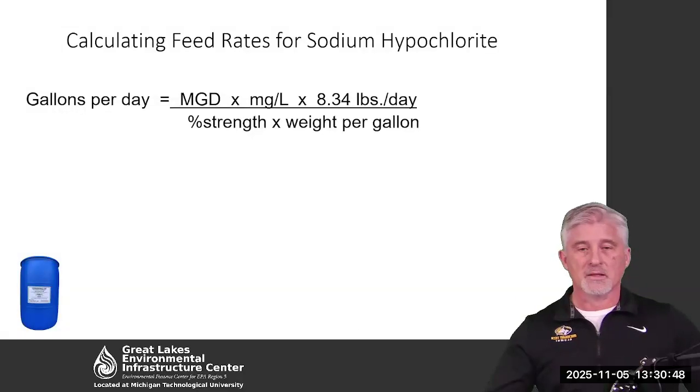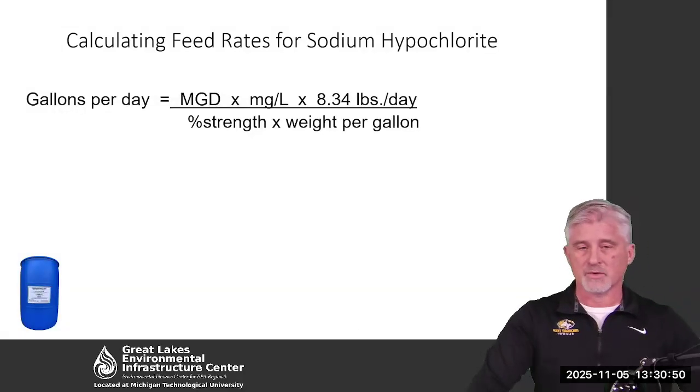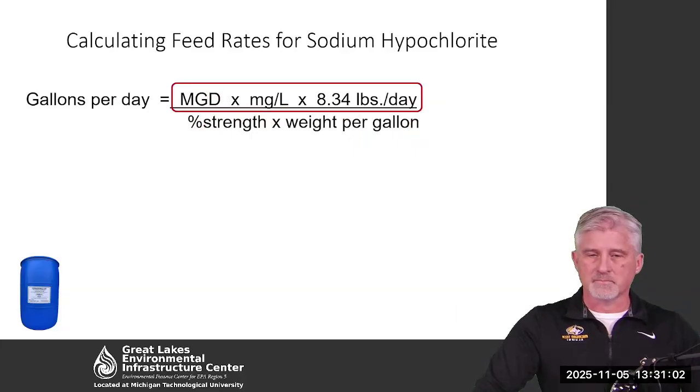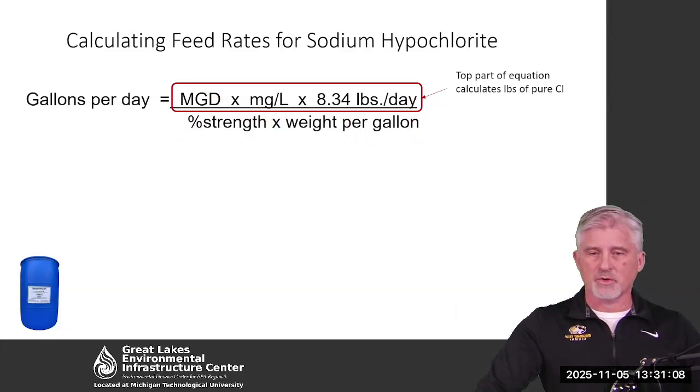When we're looking at liquid chlorine, we have an entirely different formula. As you'll note, the top is the same, and we're going to take into consideration the percent strength, but the weight per gallon is also going to change on us. That top part of the equation calculates our pounds of pure chlorine, as if we were using gas chlorine.